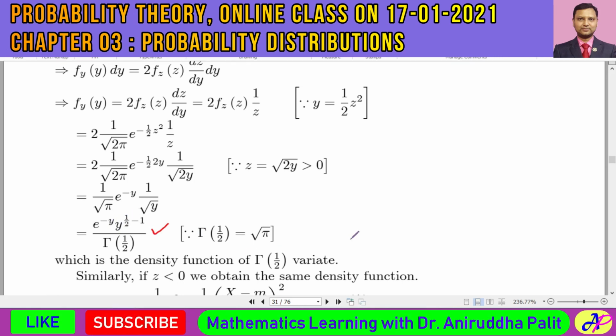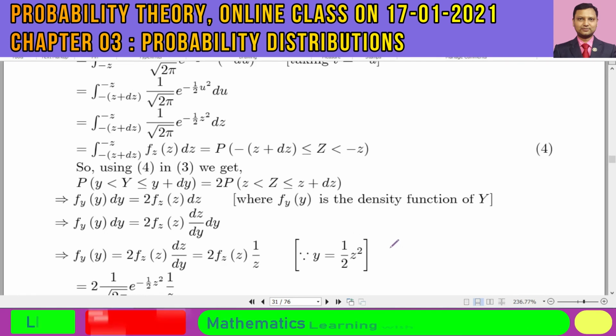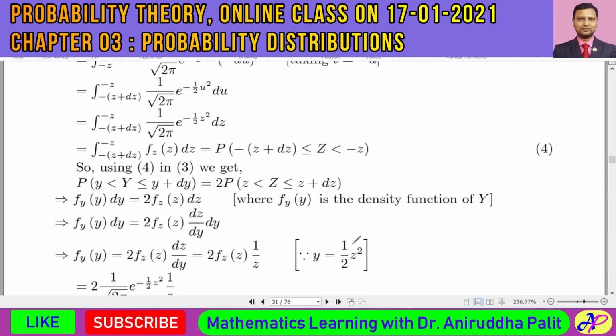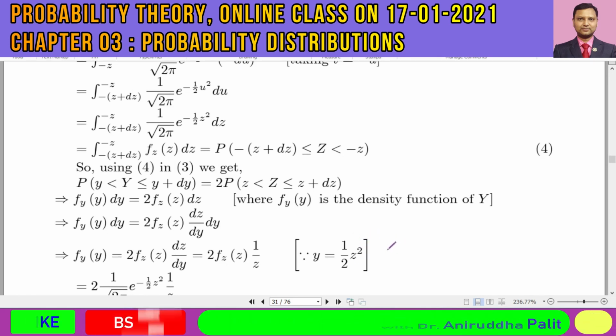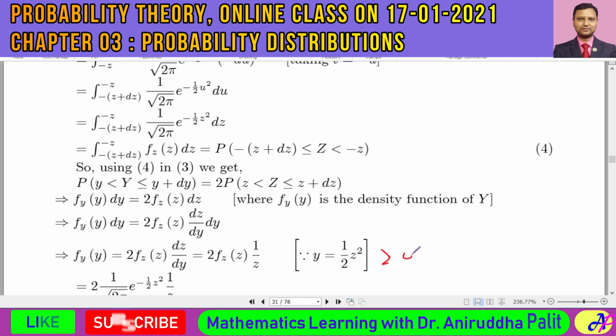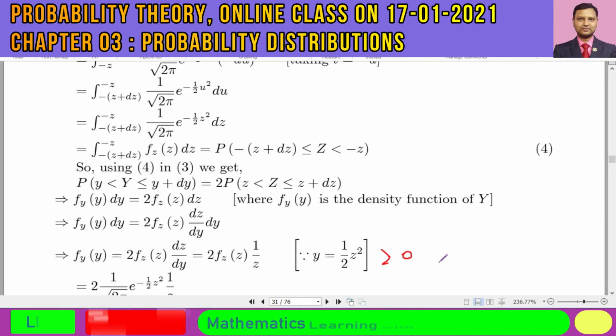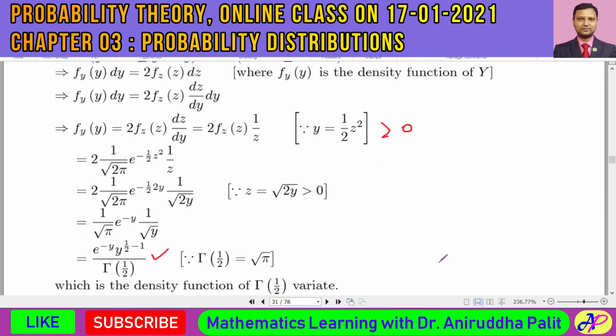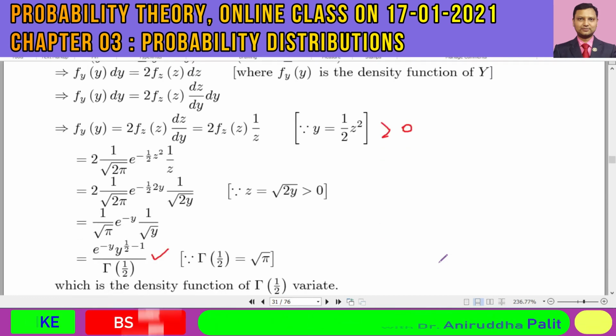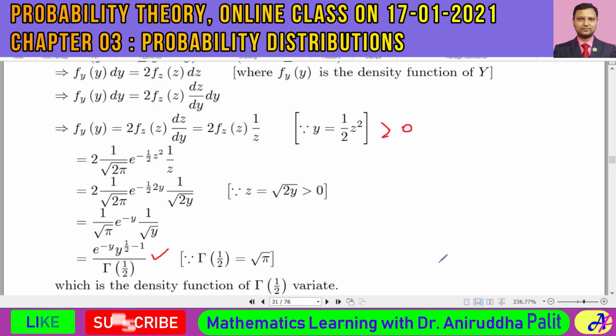And what was the spectrum? Whatever the value of z, half of z square is always greater than or equal to 0. Particularly, this is greater than 0 because we don't ever consider equality in the spectrum. So we can say that y is greater than 0.